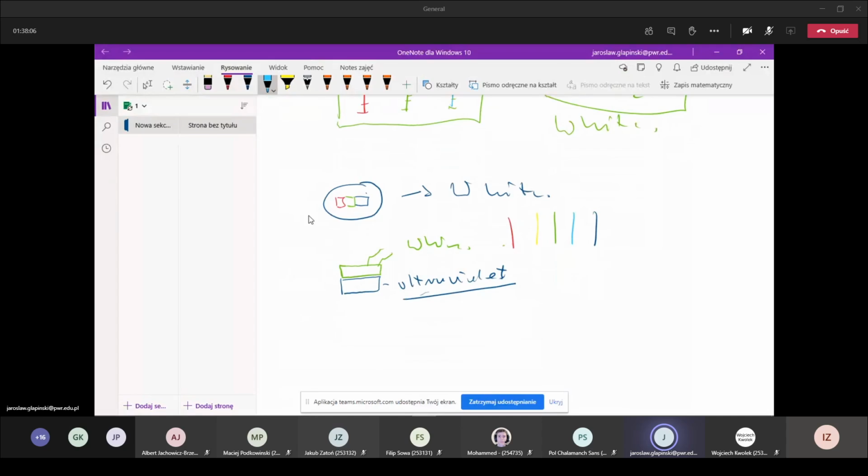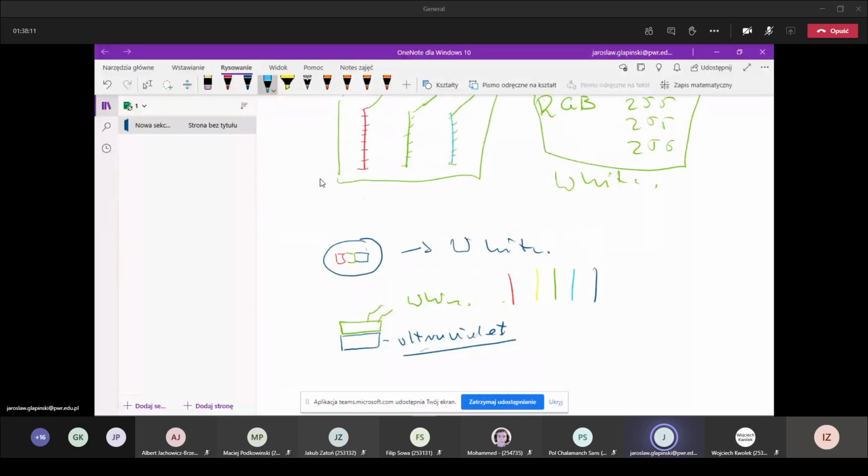In this case, we can change the warmth of the light. As we remember, the temperature of the light. Because we can add some red, so it goes toward lower temperature, or if we add some blue, we go towards higher temperatures.